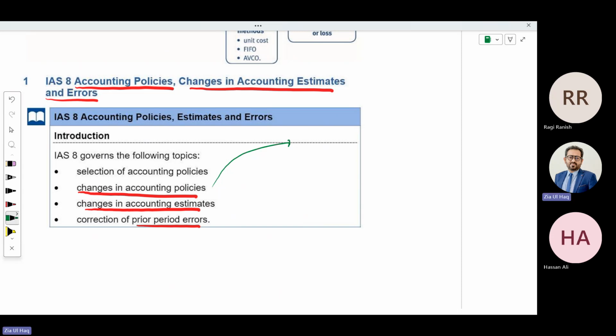If you are changing accounting policy, you need to provide a disclosure in the financial statements for that change, in the notes to the accounts, and there should be retrospective effect.